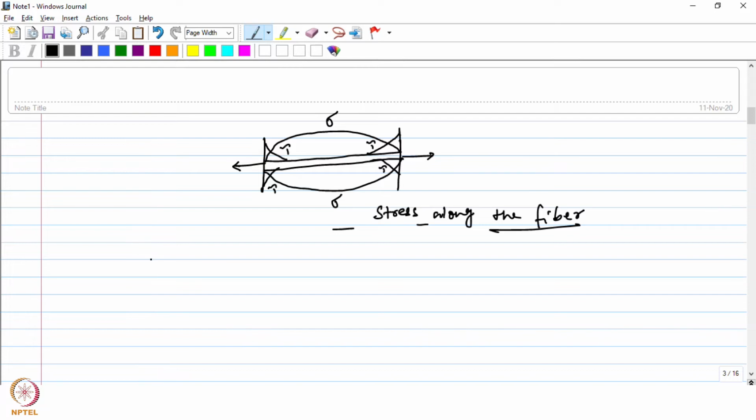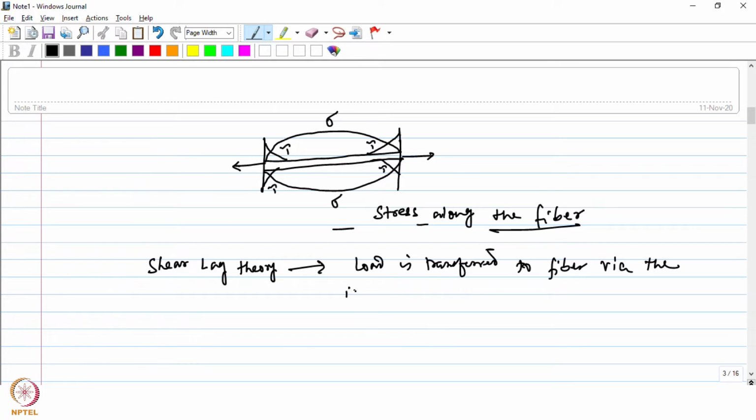So the shear lag theory says that the load is transferred to the fiber via the interface, and therefore along this interface you have a shear stress.